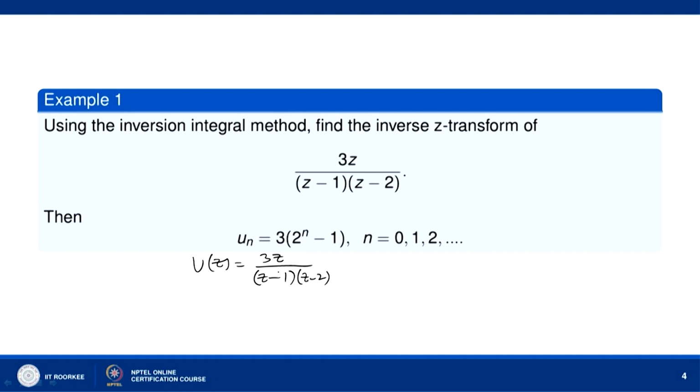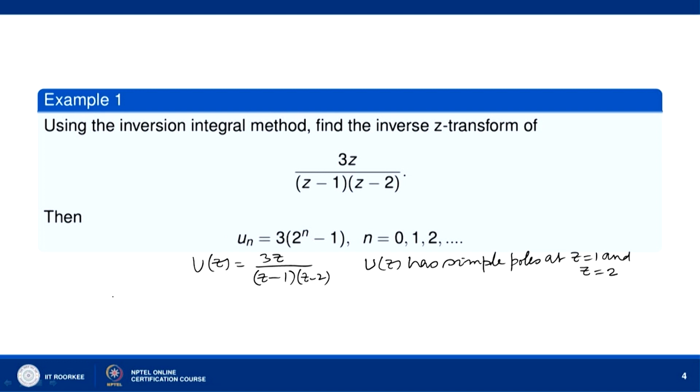Now, U of z has simple poles at Z equal to 1 and Z equal to 2. So, the region of convergence here will be mod Z greater than 2.